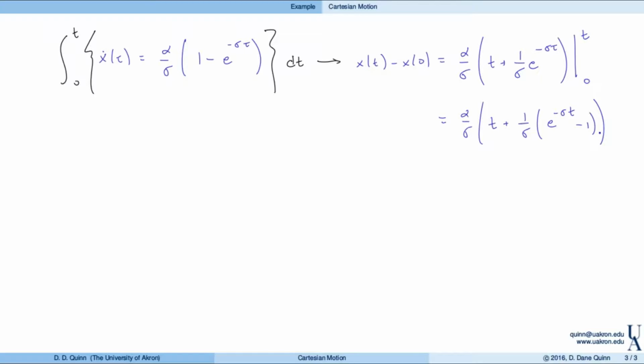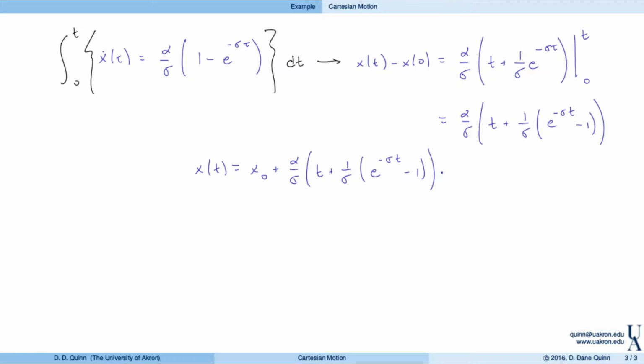Right, so you can pause this if you need to and go through and work this integration out on your own. And so finally, x of t, remember the initial conditions here were the initial displacement was x naught. So x of t is equal to x naught plus this term that we got from the integration, alpha over sigma times t plus 1 over sigma e to the minus sigma t minus 1.